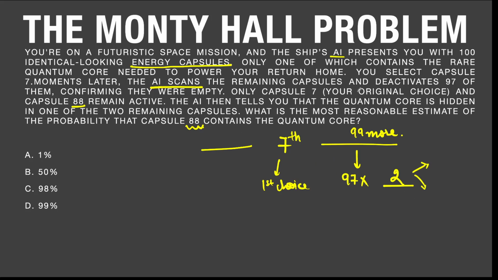The total number of capsules which were deactivated: the AI scans the remaining capsules and deactivates 97 of them. It cannot deactivate 97 of them, it has to deactivate 98 of them for the question to go on.